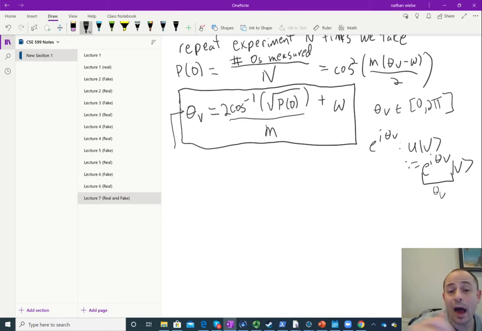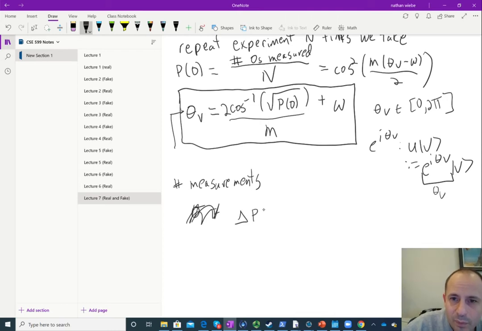But the question is, how many measurements do we need? The number of measurements that we end up needing comes from the standard deviation of the sample mean. This is a very important thing to know. When you try to estimate this, the uncertainty in this calculation, let's call it delta p of 0, is equal to the standard deviation for the data set divided by square root n.